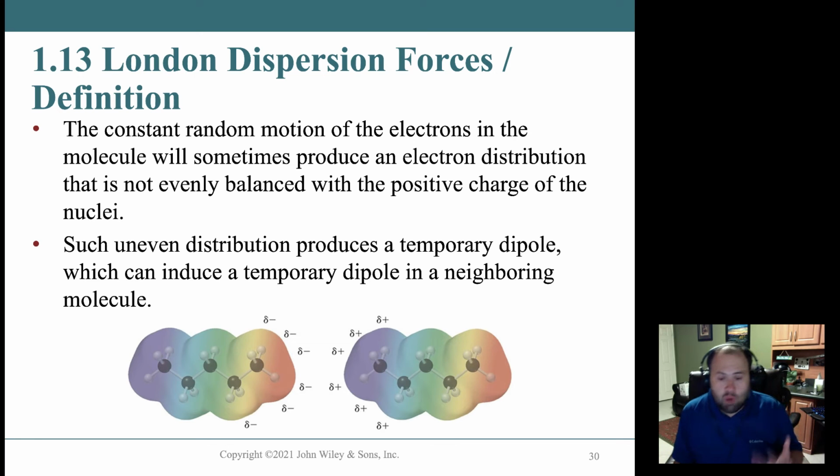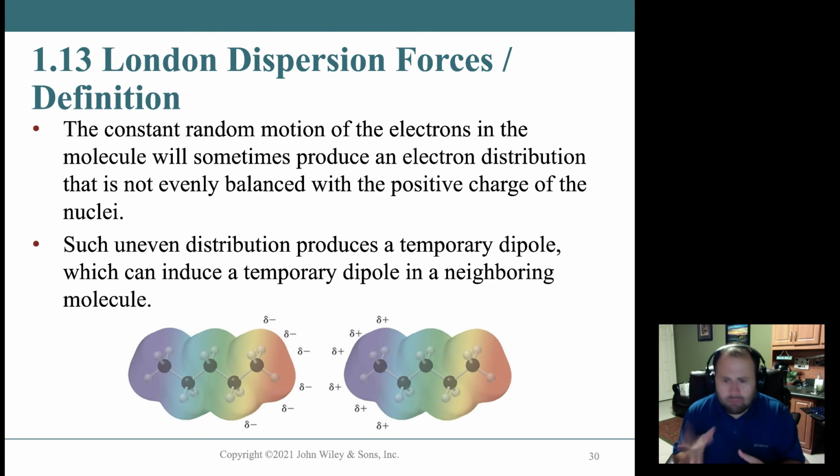And so those momentary dipoles can then induce a dipole in another molecule nearby, creating this just brief induced dipole attraction between these two normally nonpolar molecules.